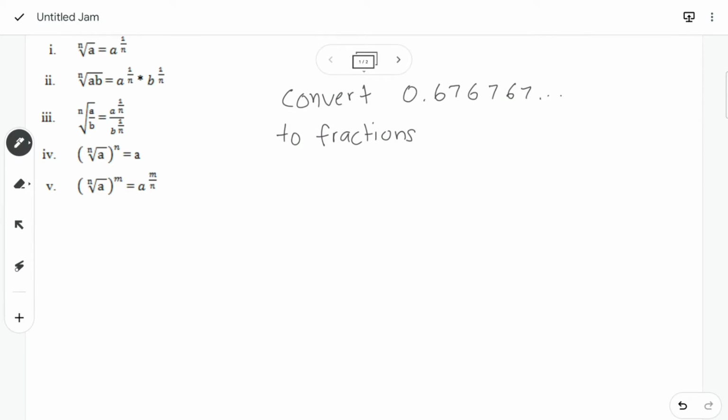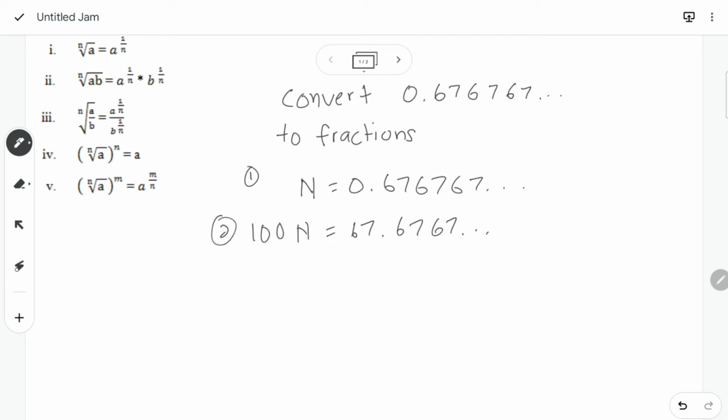Next question, convert 0.6767, which is recurring decimals, to fractions. First of all, you can use any variables to represent the decimals, like n. And then just need to multiply by 100 on both sides. From here, we have two equations.